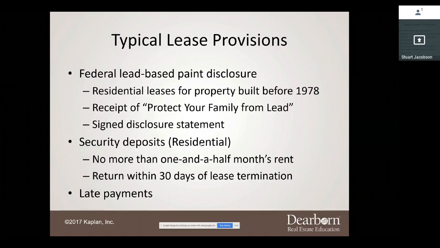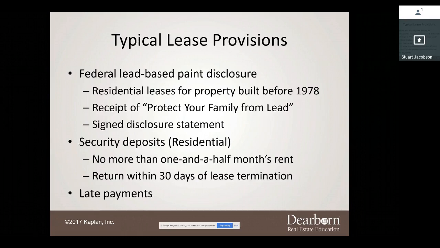Also, the security deposits must be held in a bank account that is a landlord tenant account. And at the end of the year, that tenant needs to be given the interest on these security deposits. A lot of people don't know that.